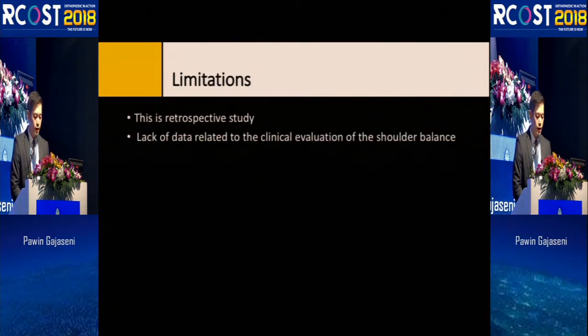This is a retrospective study, lacking data related to the clinical evaluation of the shoulder balance, but this is somewhat minimized by the large number of patients and a single surgeon providing the same surgical technique, which permits extensive statistical comparison.